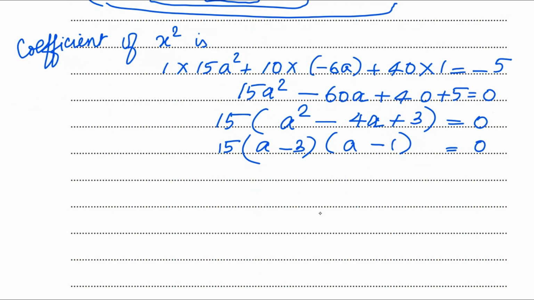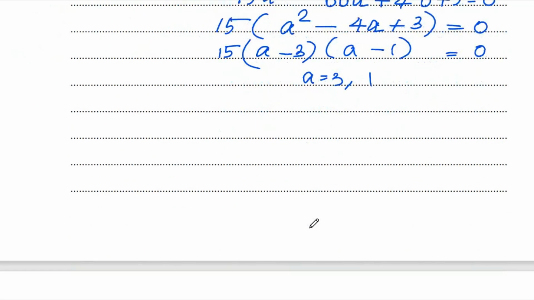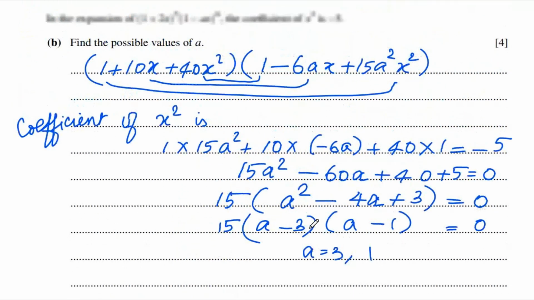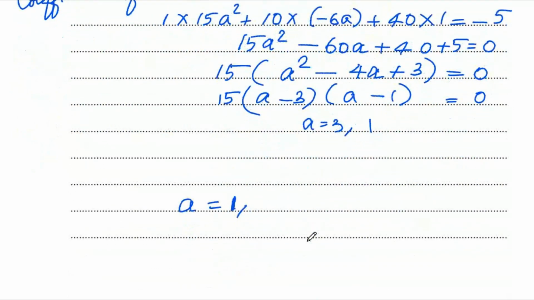So the a value is 3 or 1. So the possible values of a are 1 and 3.